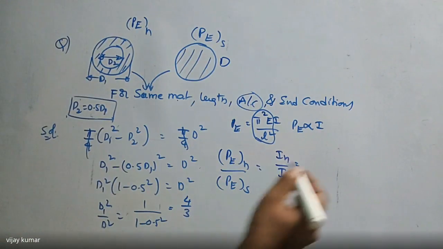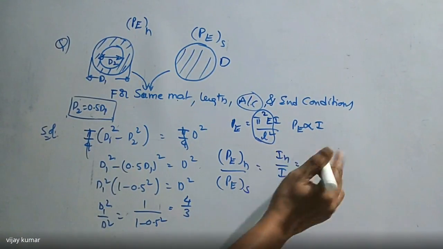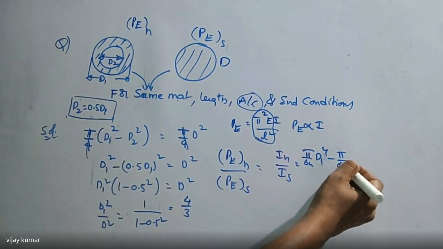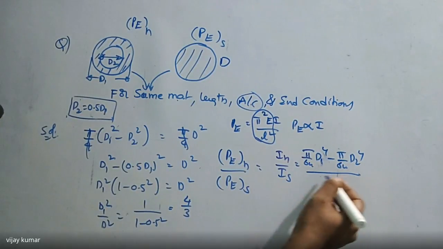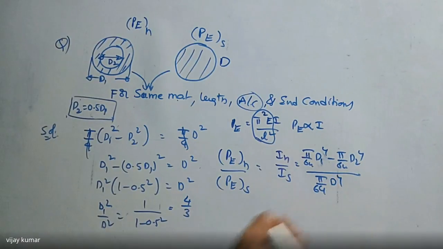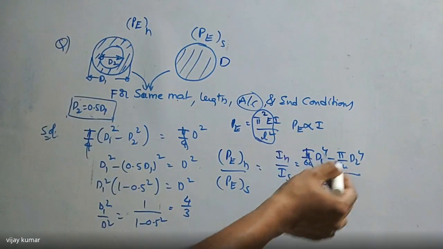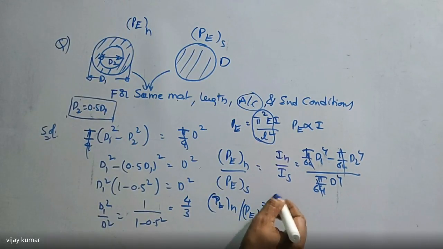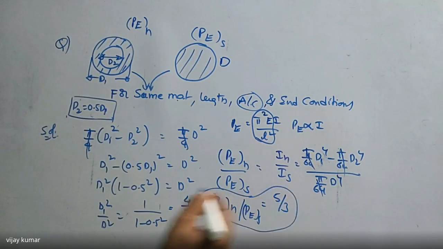What is IH here now? Generally we can write pi by 64 times D1 power 4 minus pi by 64 times D2 power 4, divided by pi by 64 times D power 4. So pi by 64 all are cancelled. Then automatically we can substitute all the values. Then I'm getting the value PEH divided by PES solid is equal to 5 by 3. So this is the ratio we are getting.